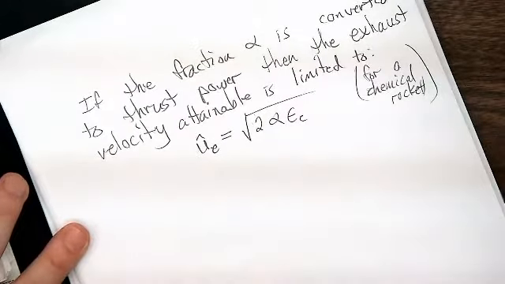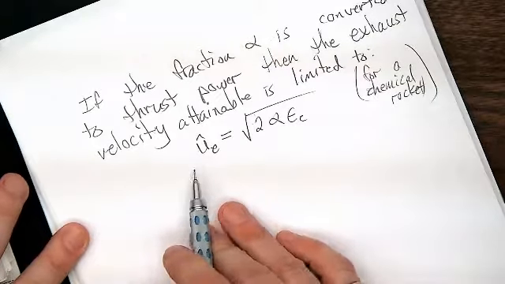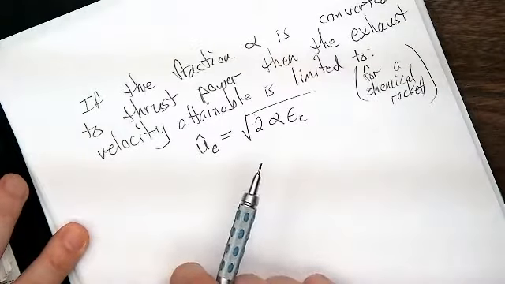So that's our limiting case, because that will limit our Isp, just divide by g, and there we go.